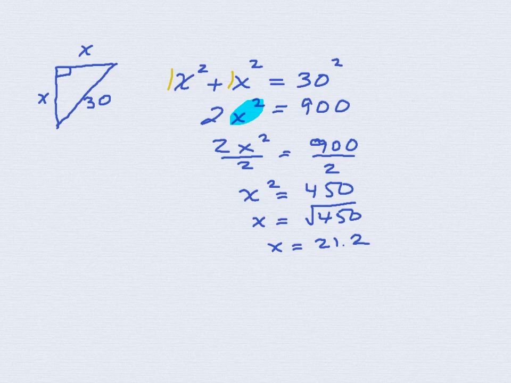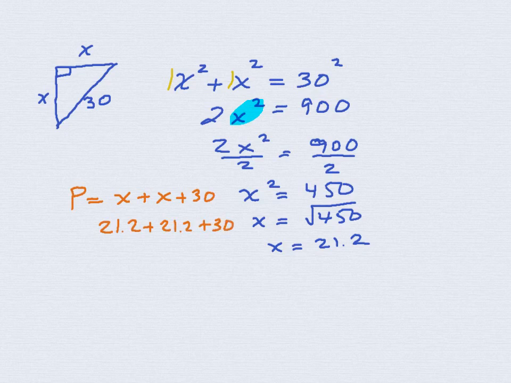And once you know the value of x, you could do many things. Perhaps you would be asked to find, say, the perimeter. The perimeter of a triangle is going to be x plus x plus 30, or 21.2 plus 21.2 plus 30, and get your answer from there.